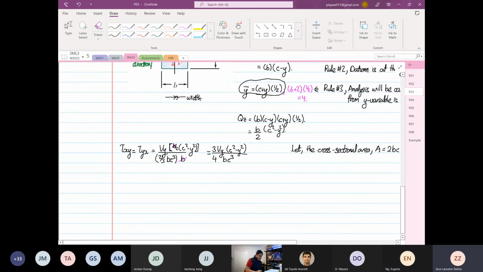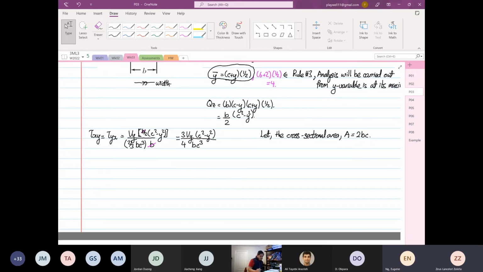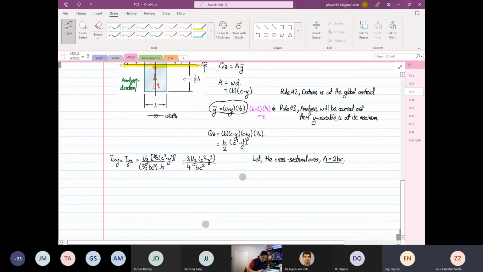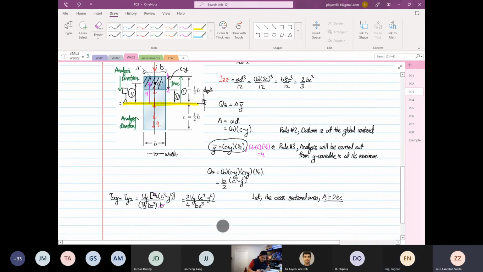Now we're going to derive the expression over there, and I will let A be 2BC, because if you look at the cross-sectional area, the width is B and the depth is 2C, so it's 2BC. This expression over here, I will split it up.